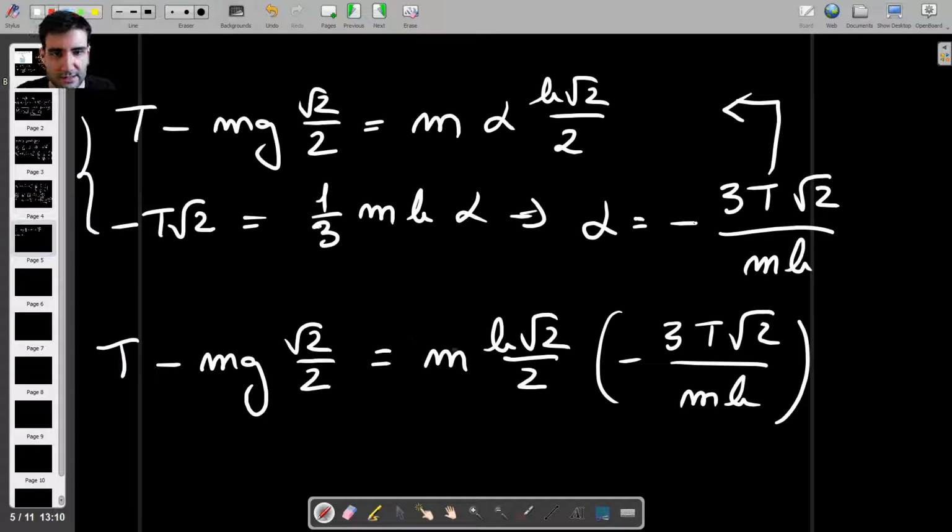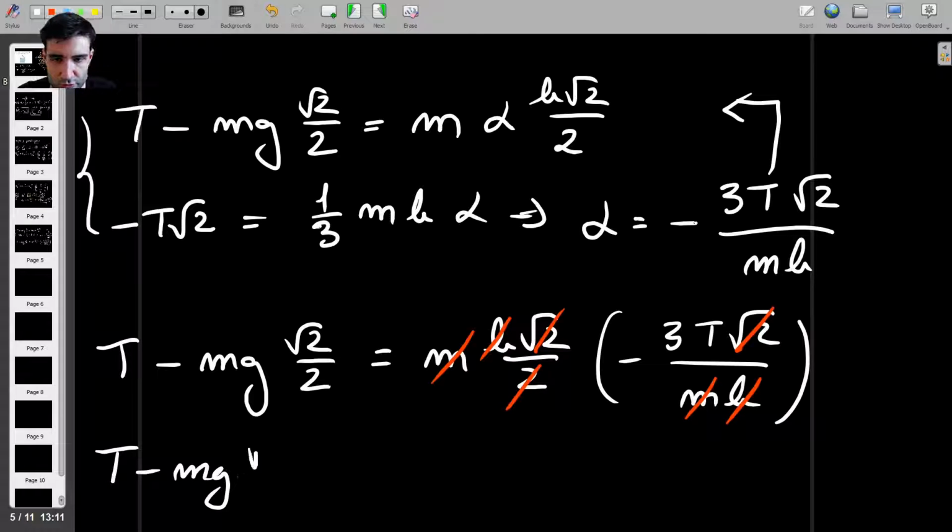Right, so here's what we have. The mb and the mb cancel out. Then we also have root 2 times root 2 is 2, divided by 2 is 1. So we have tension minus mg root 2 over 2 equals minus 3t. So this is the only thing we have left, right?